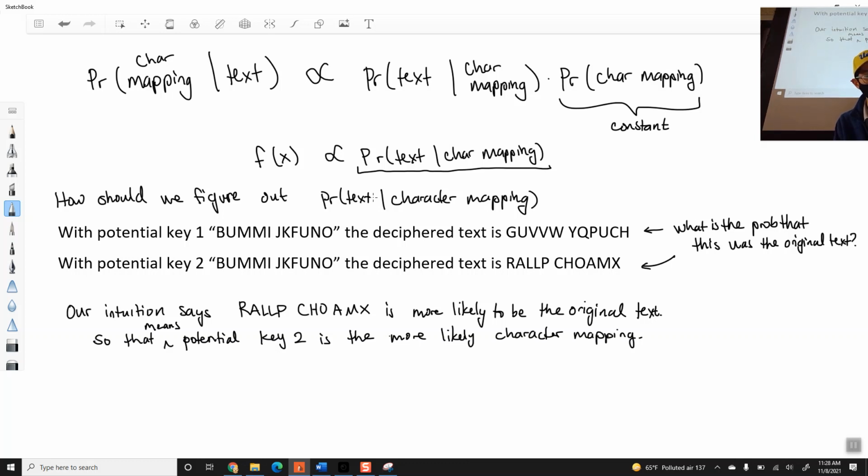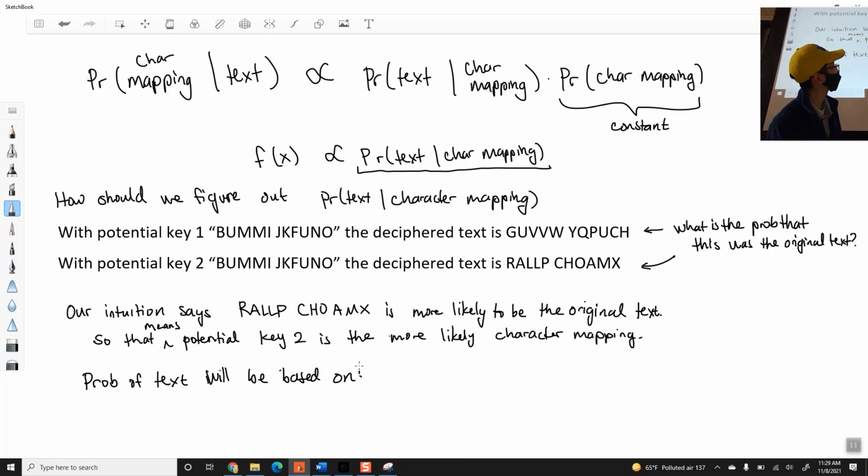We're going to use the probability of the text, and you can take different approaches, but this is the approach I'm going to use. The probability of the text will be based on letter combinations, and I'm going to just look at 2-letter combinations.